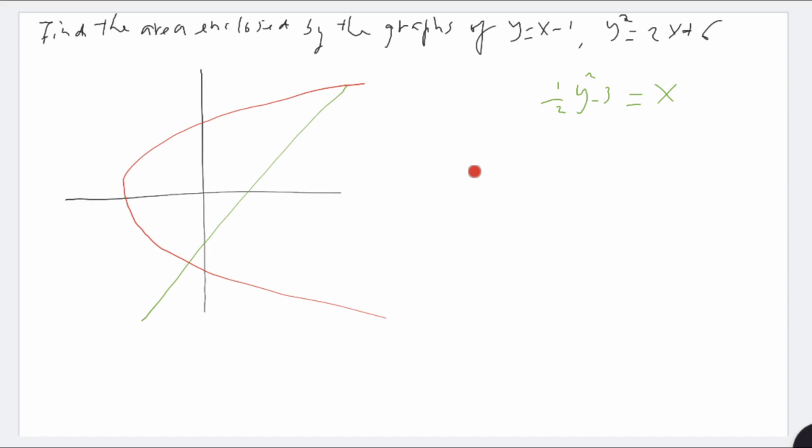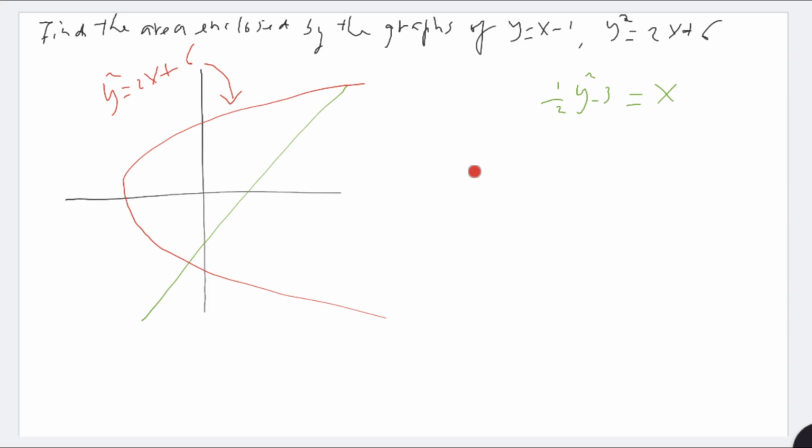Don't want to create any confusion or intersection that's misleading. Okay, so anyway, this will be y squared equal to 2x plus 6.